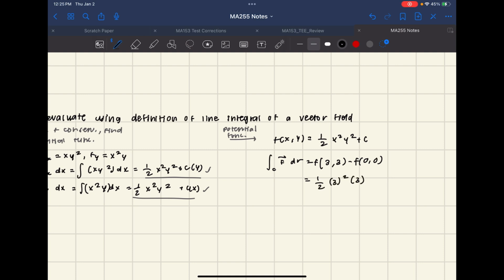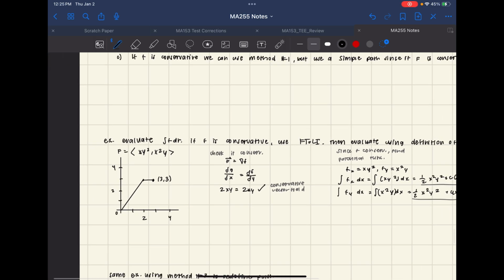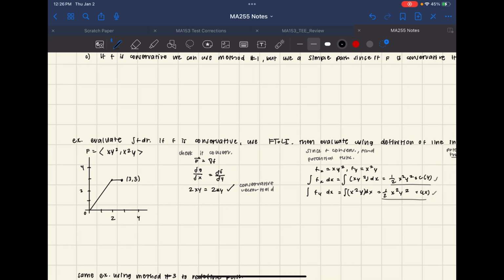So plugging these values into our function, we get this, and then I'm going to factor it, which gives me 81/2. That's our answer using that method. And so this is method number 2.